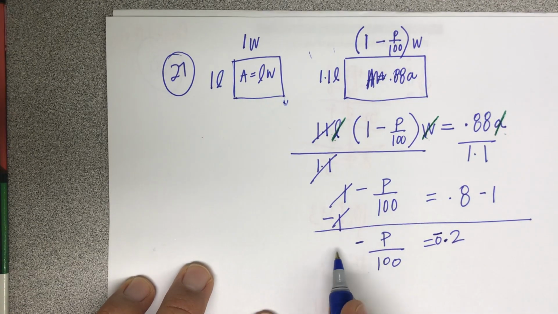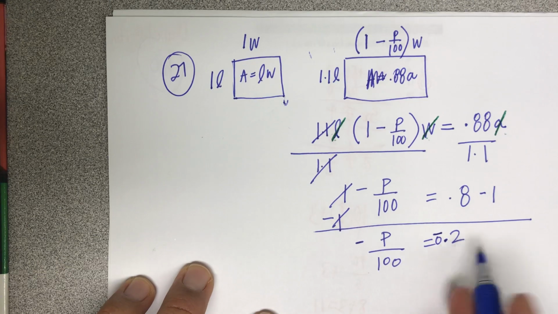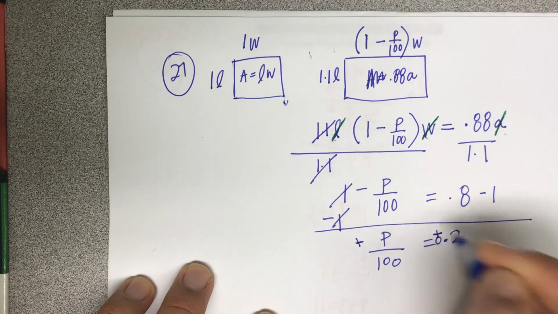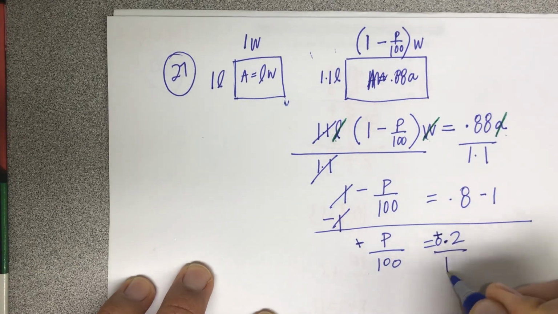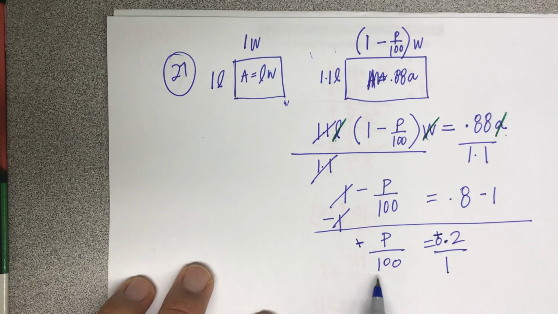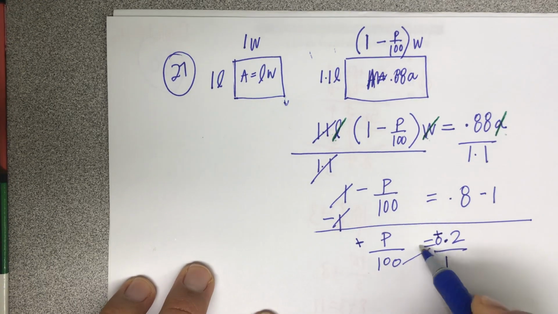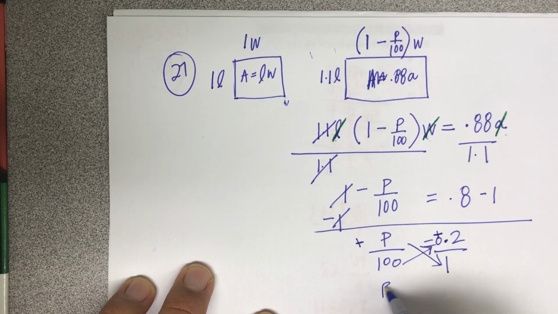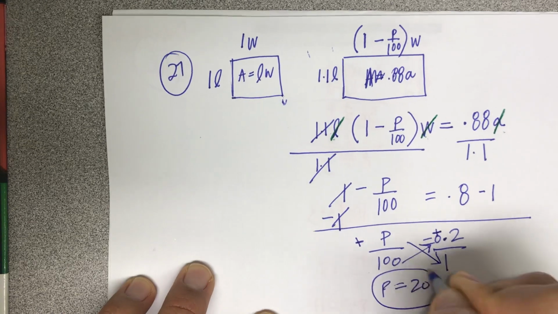So we got a negative on this side and a negative on this side. What can you do? They make a positive. And now look, it's easy. Cross multiplication if you're trying to solve for a P. Okay? P is going to equal 0.2 times 100, which equals 20.